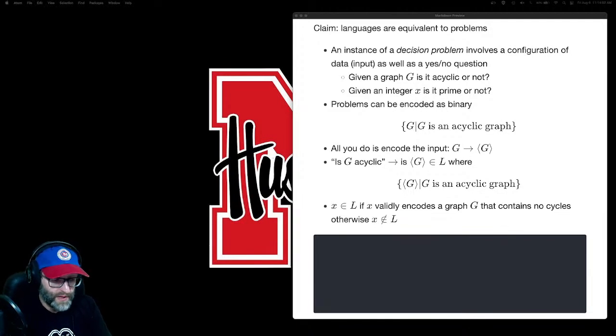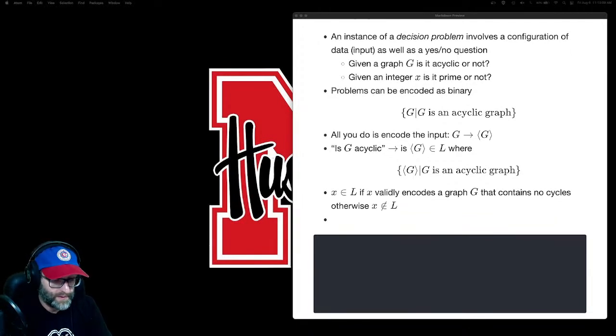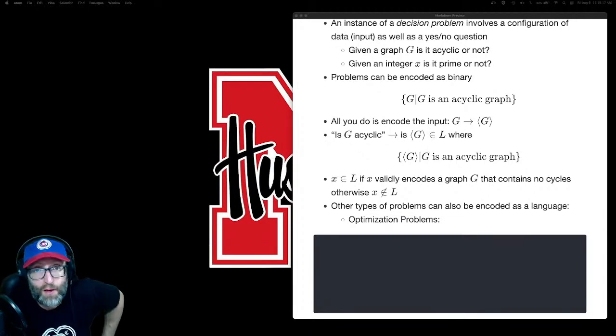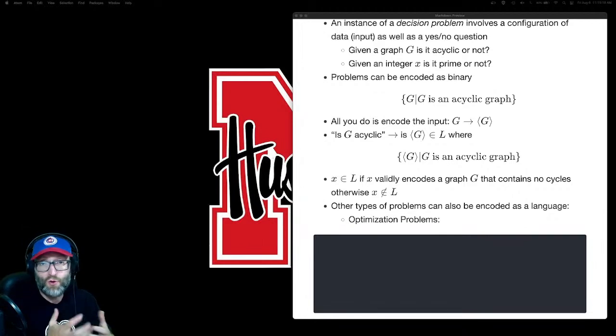You've also seen other types of problems. Other types of problems can also be encoded as a language, for example, optimization problems. Given a graph G, does it have a Hamiltonian path, or what's the shortest length path from X to Y?